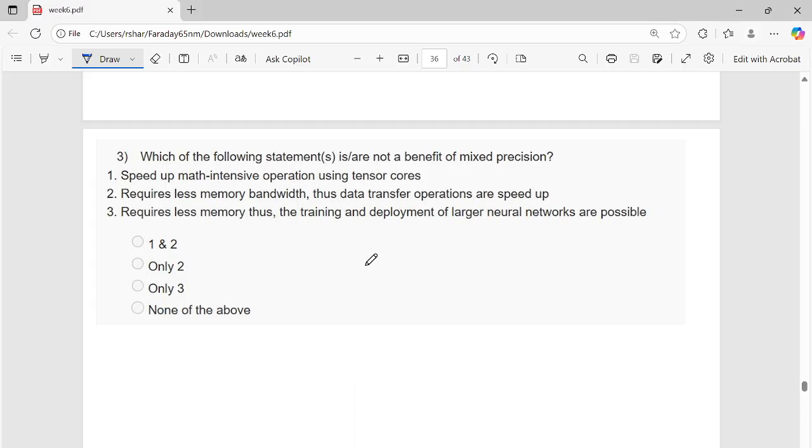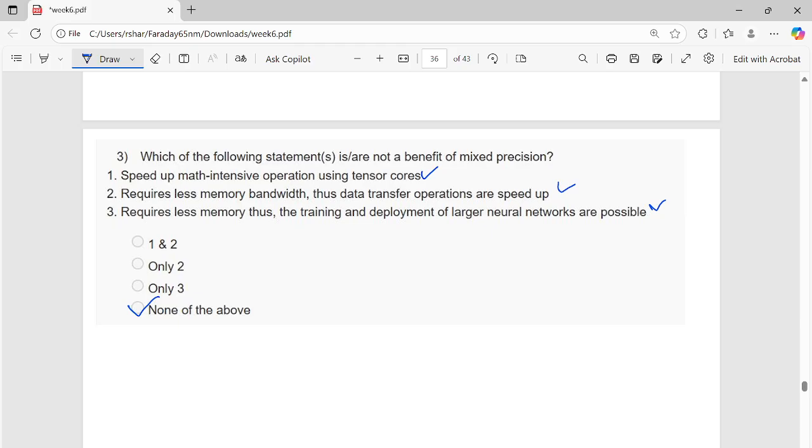The first is that it speeds up math-intensive operations using tensor cores. The next is that it requires less memory bandwidth, thus data transfer operations are sped up. And next is that it requires less memory, thus training and deployment of larger networks are possible because of 16-bit, so we can deploy larger models. So the answer is none of the above, as all three statements are benefits of mixed precision training.